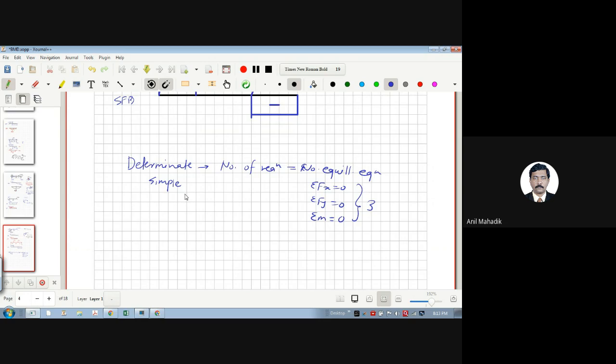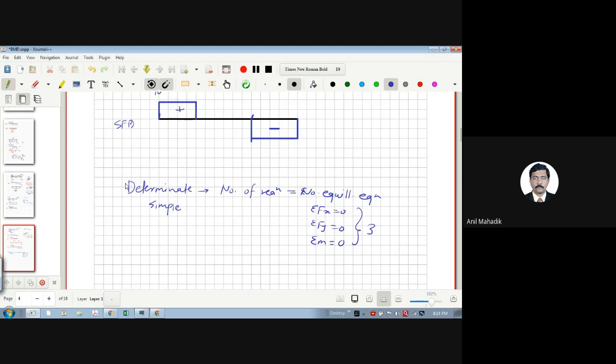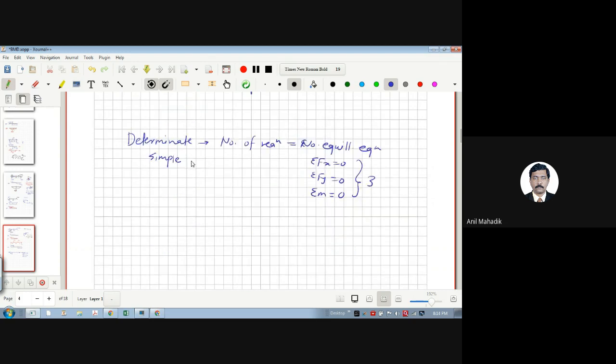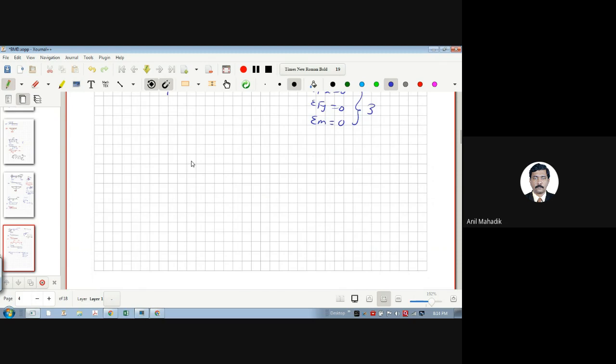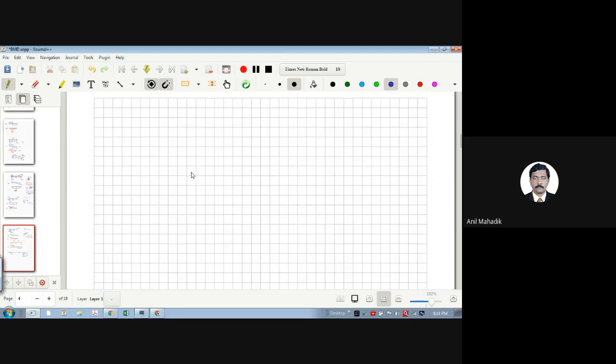As a structural engineer, we should be in a position to judge the results, whether they are correct as per common sense, and whether their values are justified. To understand indeterminate structures, you should know determinate first. That is the aim. Now let's take one more problem.